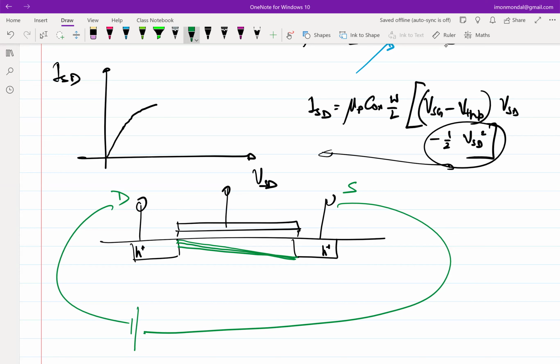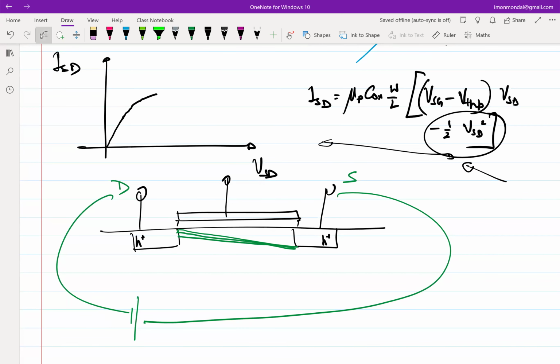So as you see, what's happening here is if I keep on increasing VSD, can you comment on what happens when VSG minus threshold voltage is exactly equal to VSD?